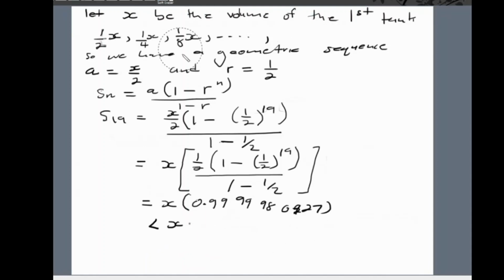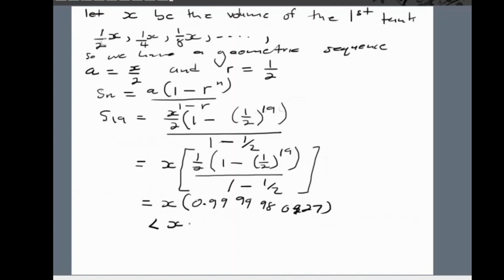Okay? So therefore, because when we take the sum of the volumes of the 19 tanks, their sum is less than x, it means that the first tank will be able to hold the amount of water that is in the other 19 tanks, because the sum of their volumes is less than x, right?